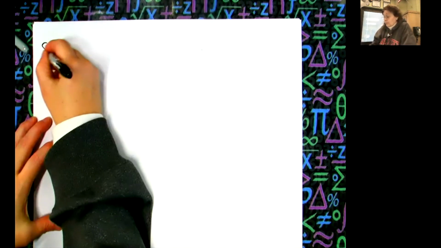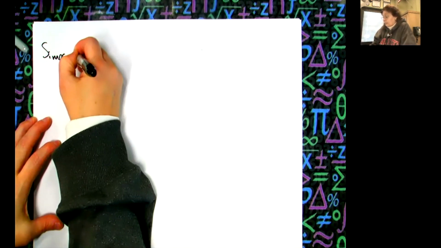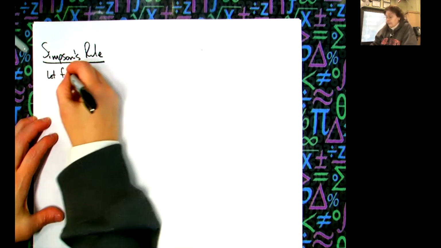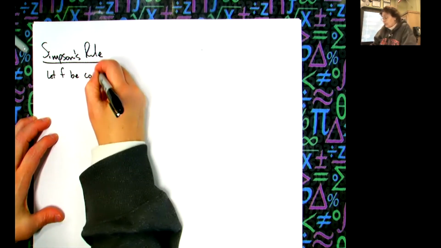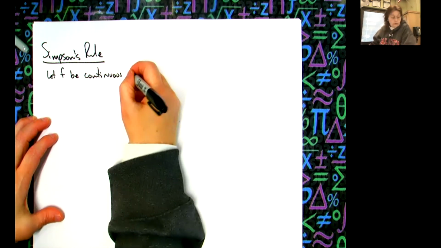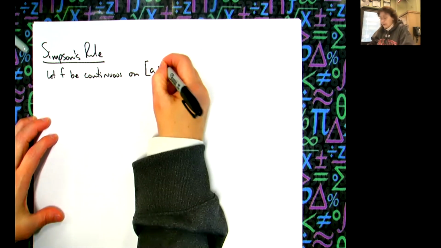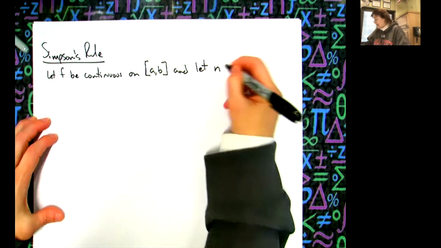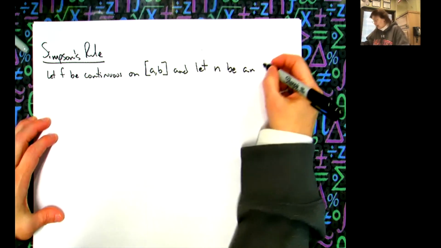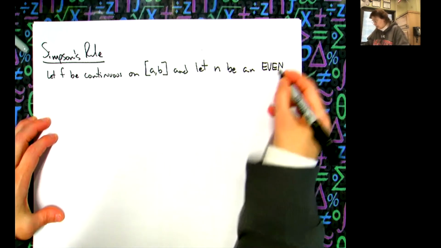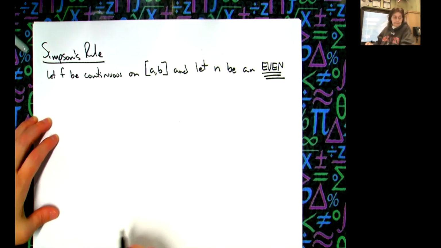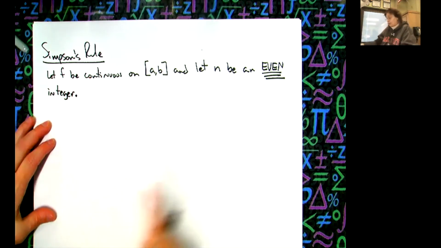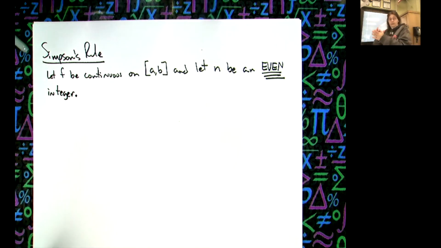Okay, so Simpson's rule. We're going to let f be continuous on the closed interval from a to b, and we're going to let n be an even, that's important, integer. n is the number of subintervals.